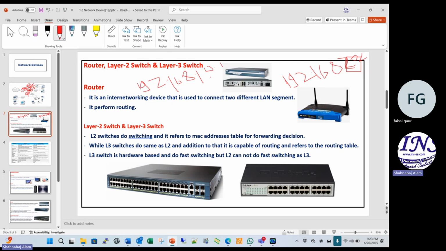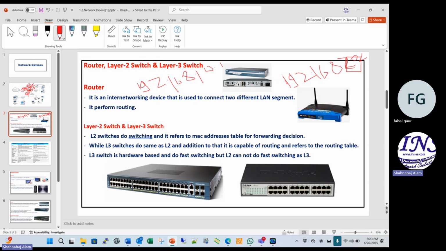Suppose we have this IP address 192.168.10.1, and this is 192.168.20.1. So this is a different network, and this is a different network, because there is a 10 subnet and there is a 20 subnet.